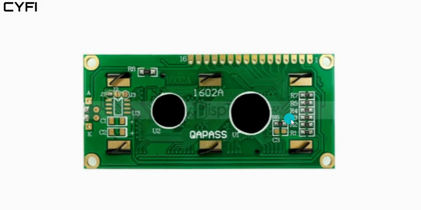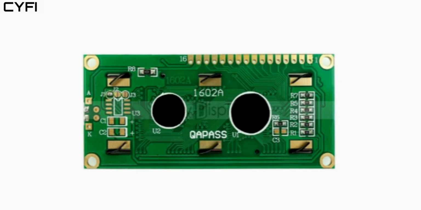The D0 to D7 pins are data pins, which take the data from the program and from the Arduino, and send the same data to the display module here. The A and K pins are backlight pins. These pins manage the backlight, how bright or how light it should be.